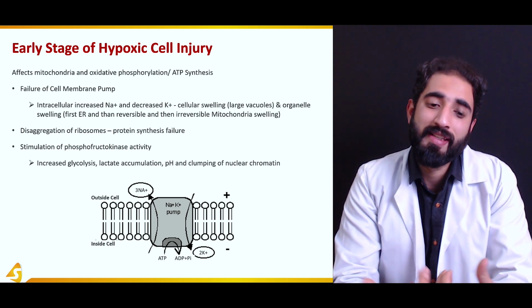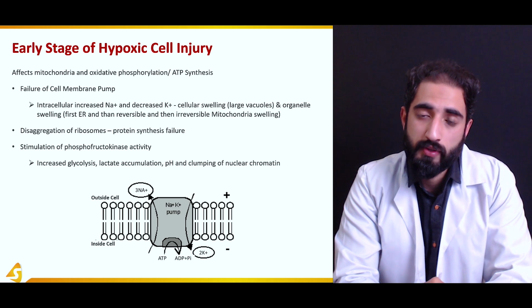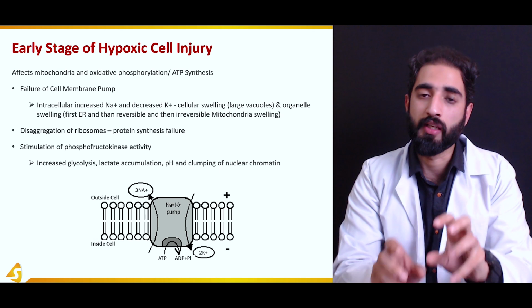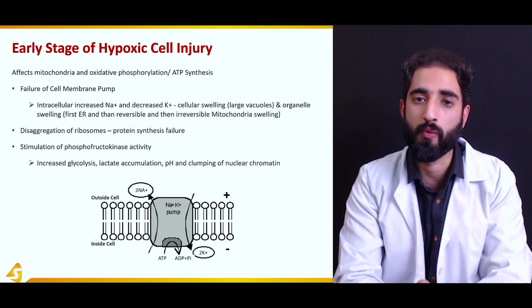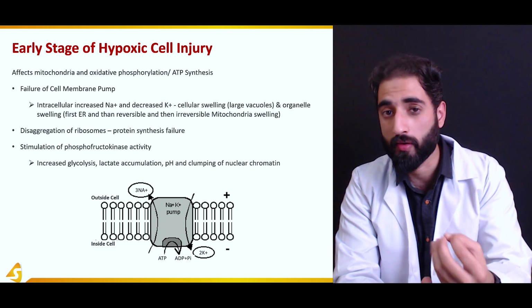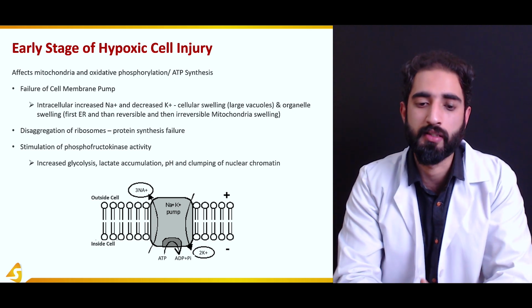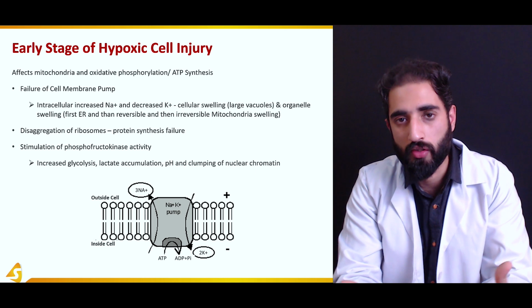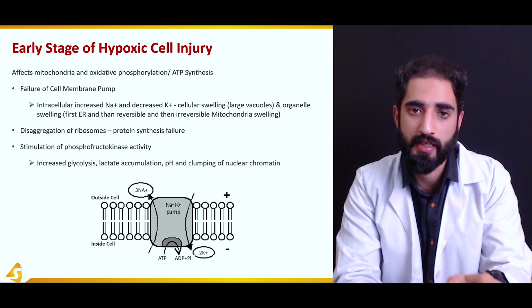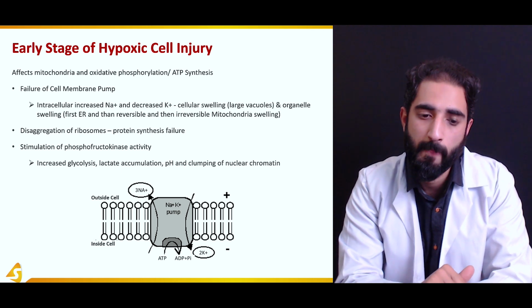Then it is followed by disaggregation of ribosomes, which means that ribosomes are dismantled into their constituent parts, and once dismantled, they cannot perform their very important function of protein synthesis. So obviously, disaggregation of ribosomes results in protein synthesis failure, because that is the function of ribosomes.